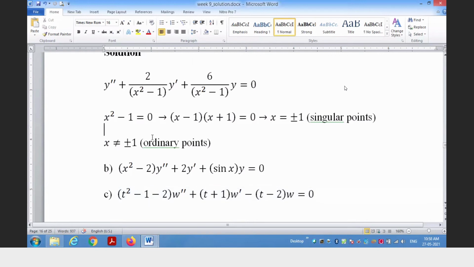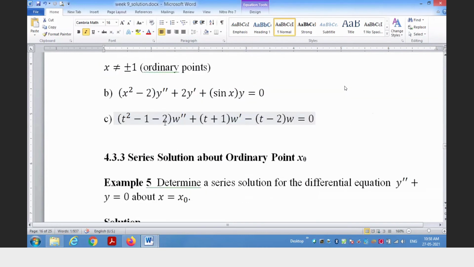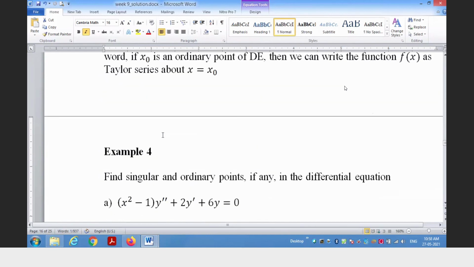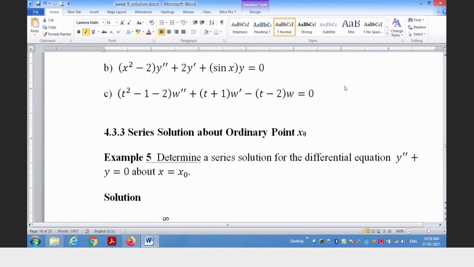You can do that also for B and also D. This is straightforward. So divide all terms by x squared minus 2. In this case, you divide all terms by t squared minus 1 minus 2, and then you simplify. This one you cannot simplify anymore. Now, we're talking about ordinary points.